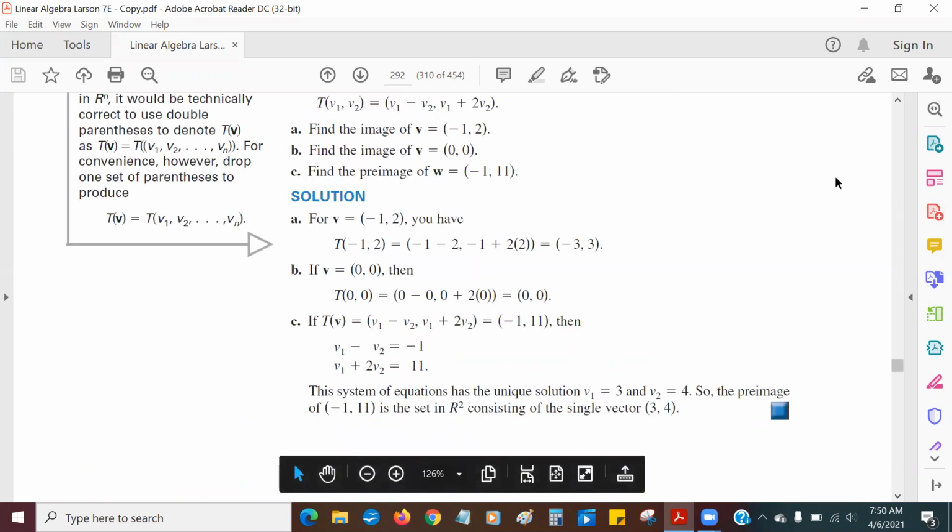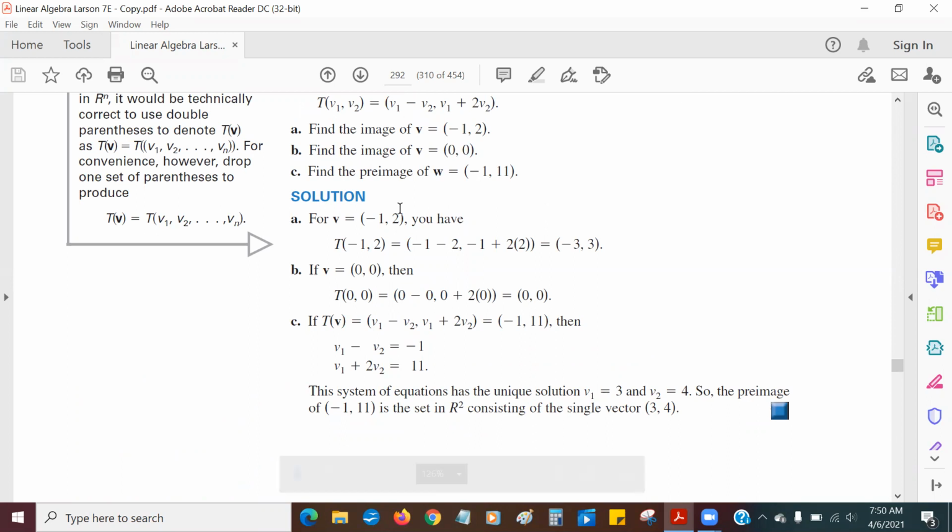And here we go. For the vector -1 comma 2, T of -1 comma 2 is -1 minus 2, because it's v1 minus v2, comma -1 plus 2 times 2, because up here we have v1 plus 2v2.